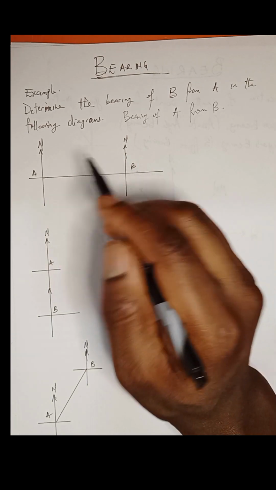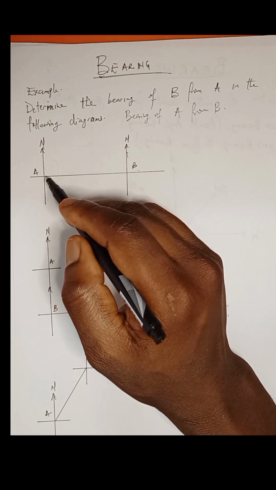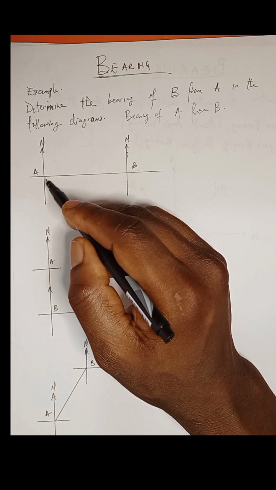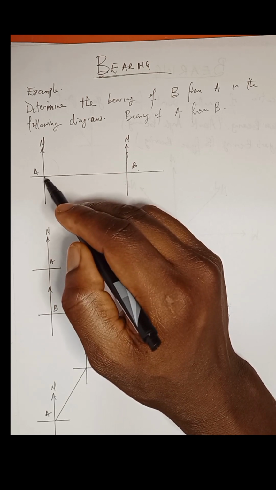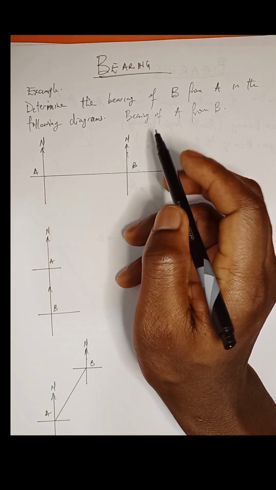When I want to know the bearing of B from A, the word from is very, very important. Where I'm coming from and where I'm going to is very important.